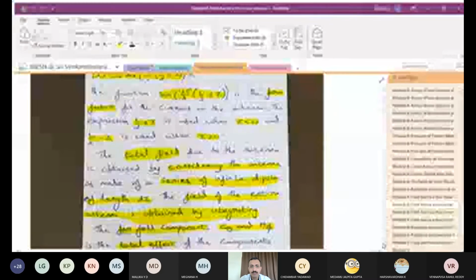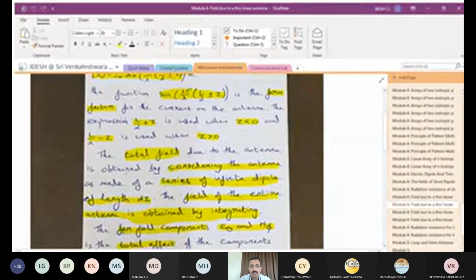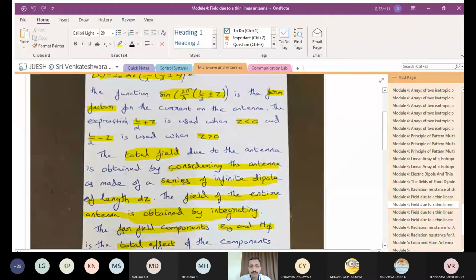Further on, we found that the total field due to the antenna is obtained by considering the antenna as made of a series of infinitesimal dipoles of length dz.